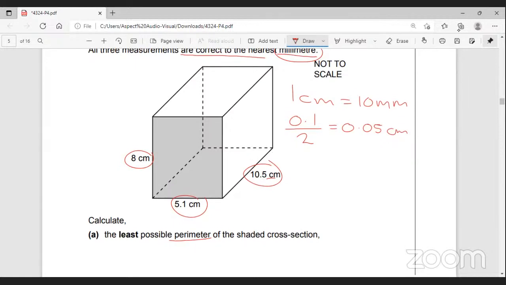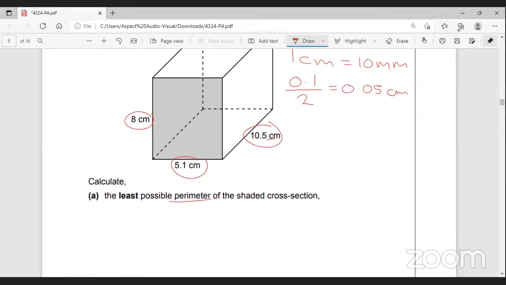We have a long way to go because they are saying you should be able to find the least possible perimeter of the shaded cross section. So what we are going to do is basically to work on this one only. We want to find the perimeter of it. Therefore, it is 8 centimeters by 5.1 centimeters.